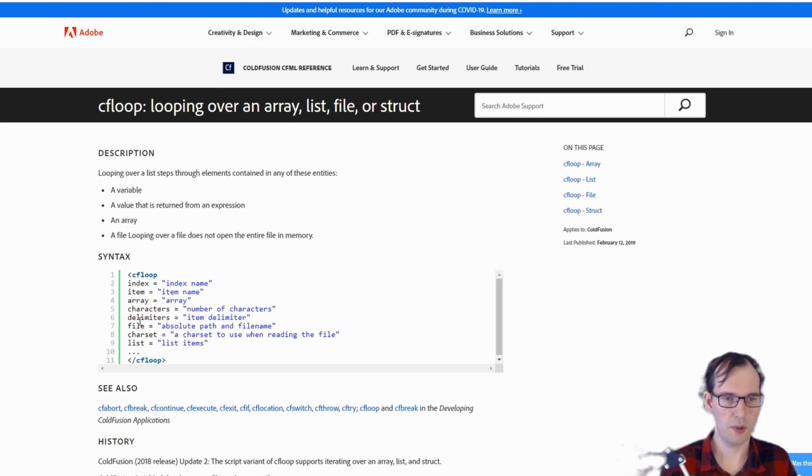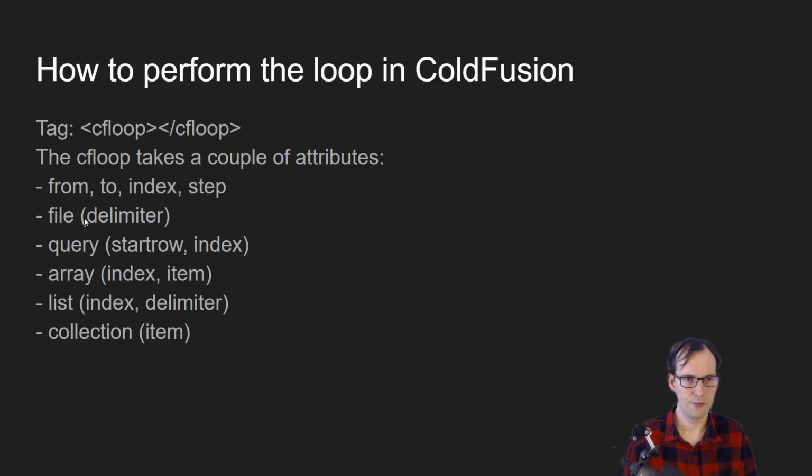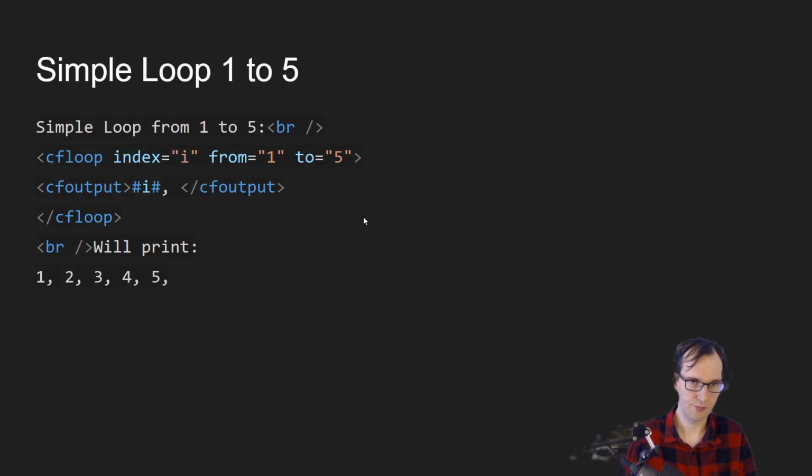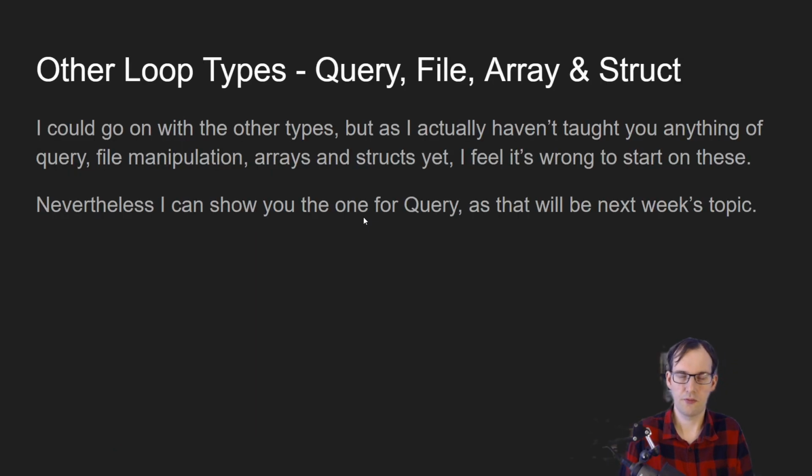See, cfloop actually takes a file, and it is the absolute path of a file name. So file takes also the file name itself, and the optional is the delimiter. Back to here, file. Yeah.